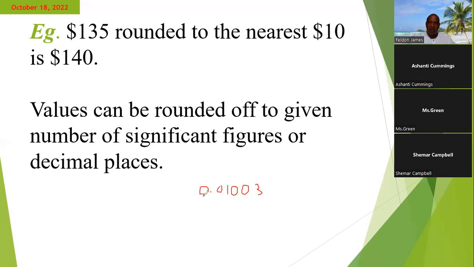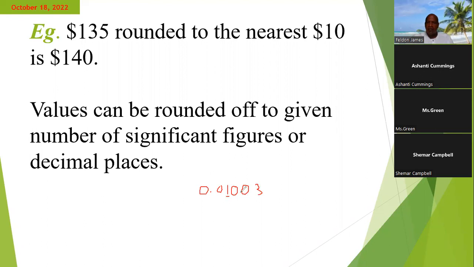So this one is not a non-zero digit. This is not a non-zero. These are zeros, so these are not non-zeros. Now the 1 here is a non-zero, and it is the first non-zero digit. Once you find the first one, then all your significant figures are going to be counted from that point onwards.